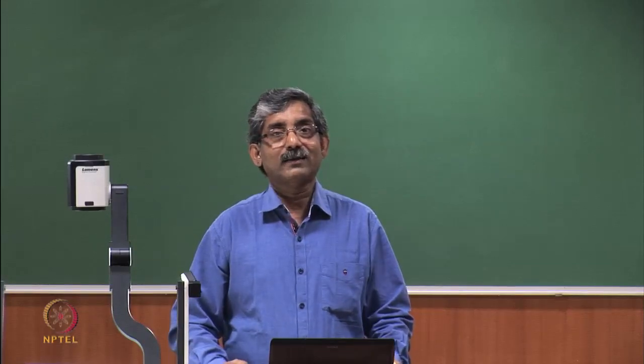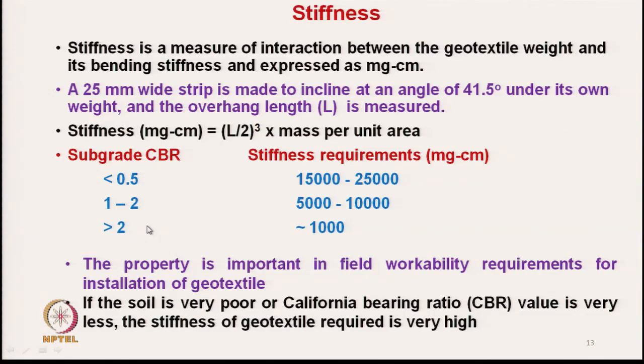So, the higher the CBR value, the harder the soil. So, if the CBR value is less than 0.5, that means it is a soft soil. In that case we require stiffer material.